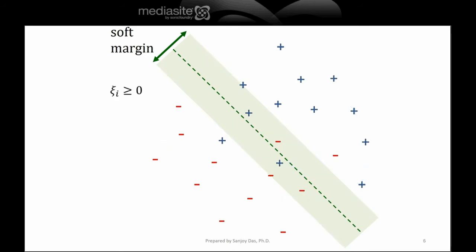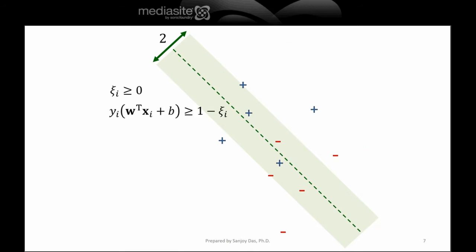So for that purpose, we create a new primal variable zeta i, which is greater than or equal to 0. And our constraint now is y_i times (w transpose x_i plus b) greater than or equal to 1 minus zeta i.